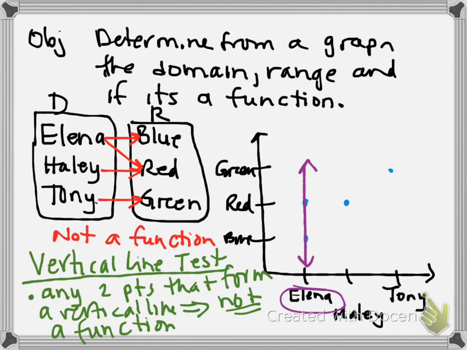The problem now says, can you give me the domain and range? So we're going to do a couple of examples so you can see what it is. And there's going to be some graphs that are familiar and some graphs that are not.